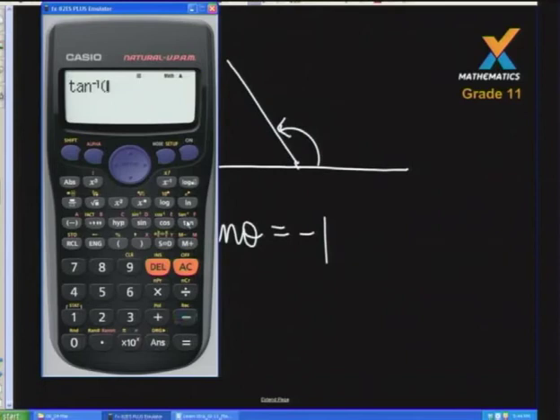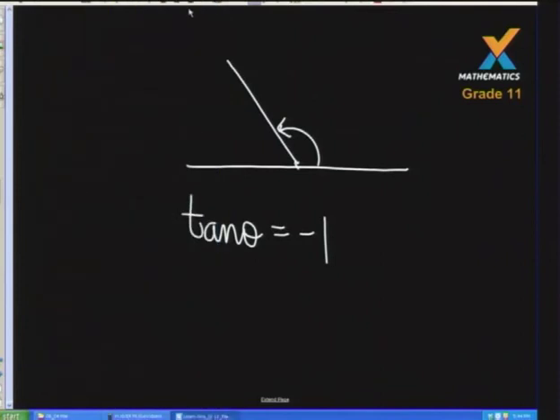It gives us -45. Where is that angle? We need to understand the calculator. The calculator is going to give us this angle over here. That is -45. I think I've made it bigger than -45, but nevertheless, you'll understand that's -45.